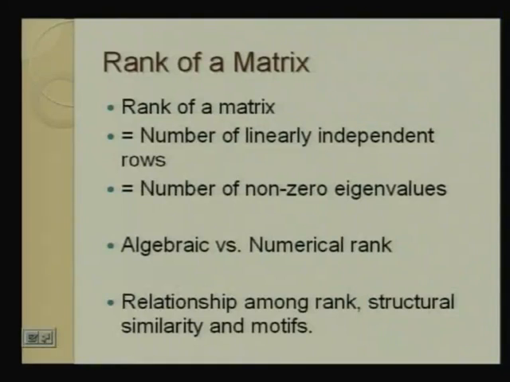So, what does it mean for networks? What would a linearly dependent set of rows in the adjacency matrix of a network mean?